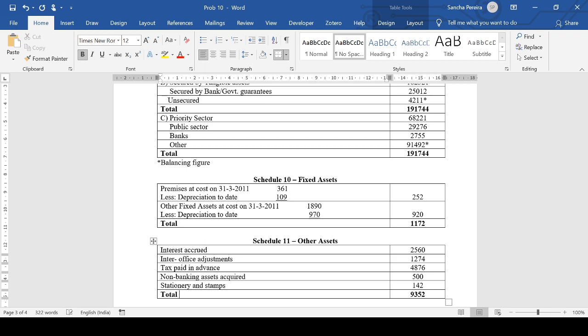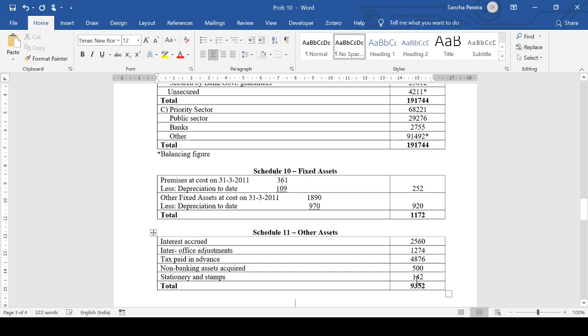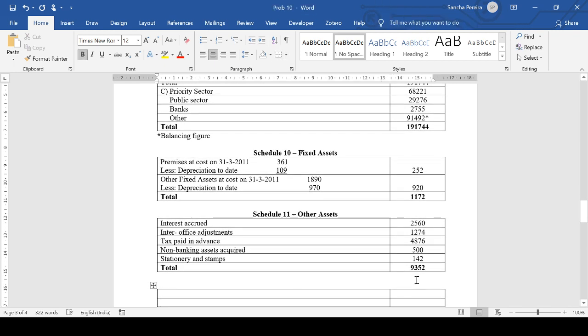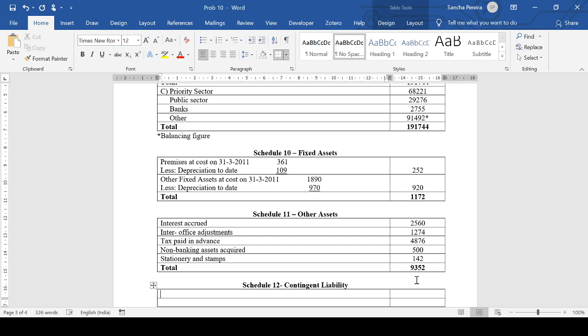So with that we have finished the schedules, sorry, we still have another one not finished. We still have contingent liability, schedule 12. We will check the adjustments for this. First thing is claims not acknowledged as debts.